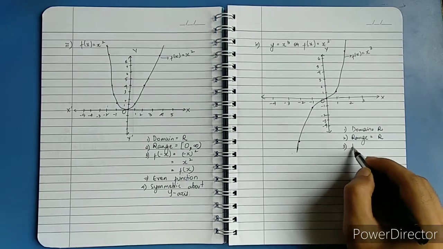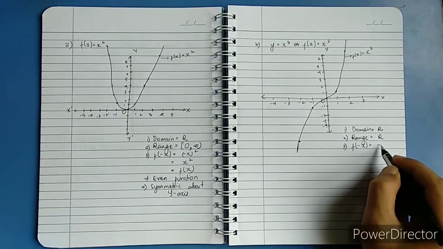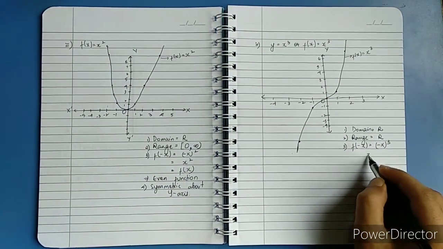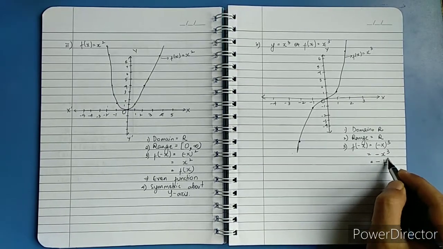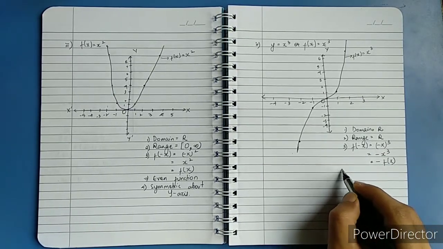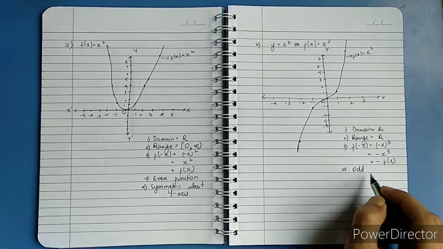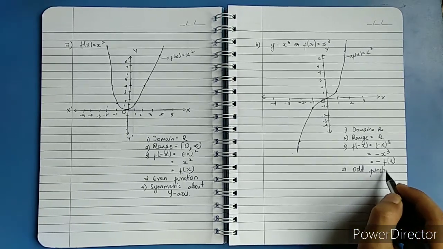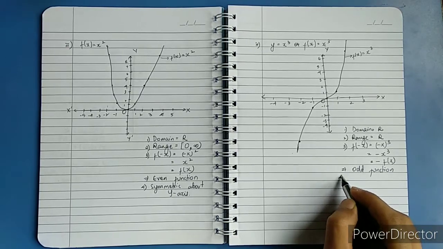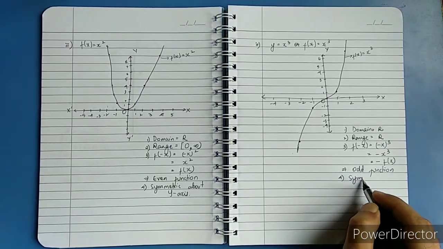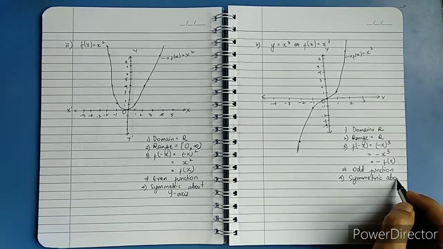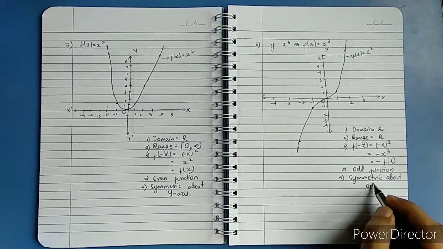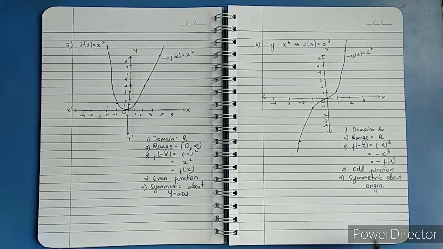The third one, f of minus x equals minus x whole cube. This is equal to minus x cube, which is equal to minus f of x. So this means this is an odd function, and it is symmetric about the origin.